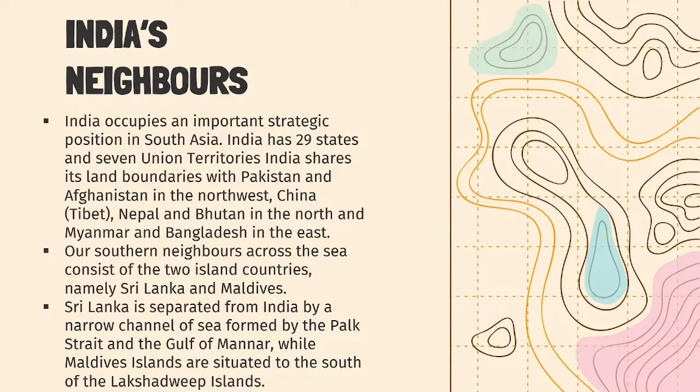Now we saw how India is playing a vital role in connecting all the other parts of the world. Now let's look at India's neighbors. Who are our neighbors? As we all know, India occupies an important position in South Asia. According to the recent update, India has 29 states and 7 union territories.